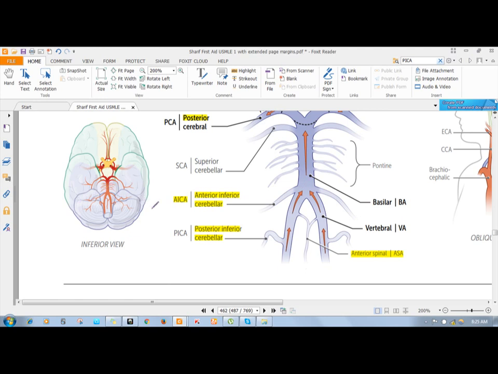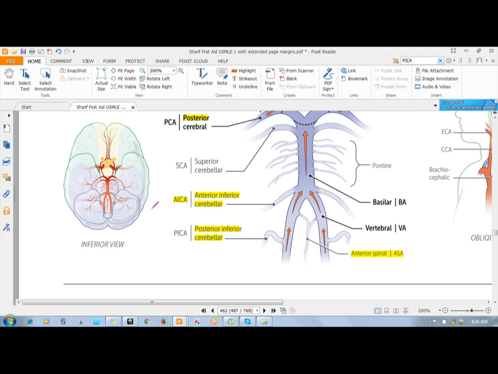As it supplies the cerebellum, whenever you have damage of your anterior inferior cerebellar artery, you are going to have ataxia and dysmetria. But it also supplies the lateral part of the pons, and that's why you are going to have damage of the cranial nerve nuclei that are in the pons.